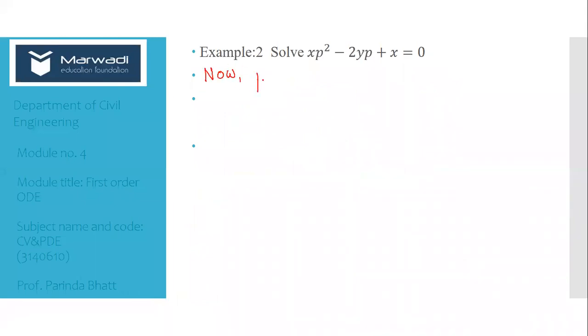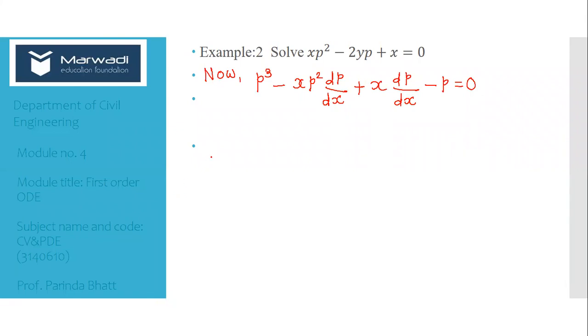Therefore, p cube minus x p square dp by dx plus x dp by dx, all the terms shifted onto the left hand side, minus p equal to 0.